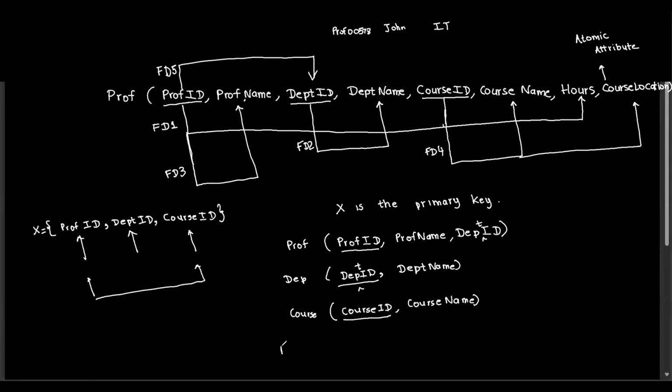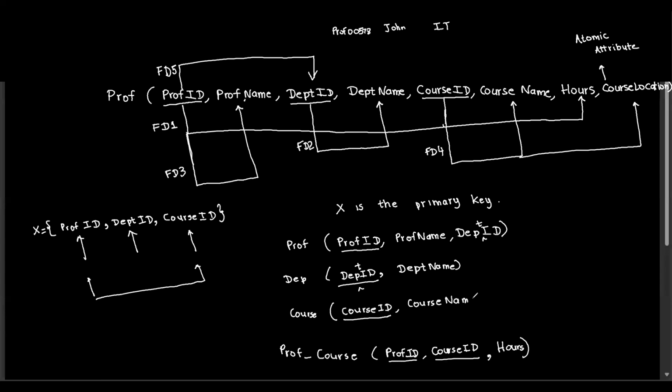Now finally I have the prof course relation. Why do I have the prof course relation? Because prof ID, course ID functionally determines the hours the person is putting in. Here one small change should be made. We should not stop with course name.